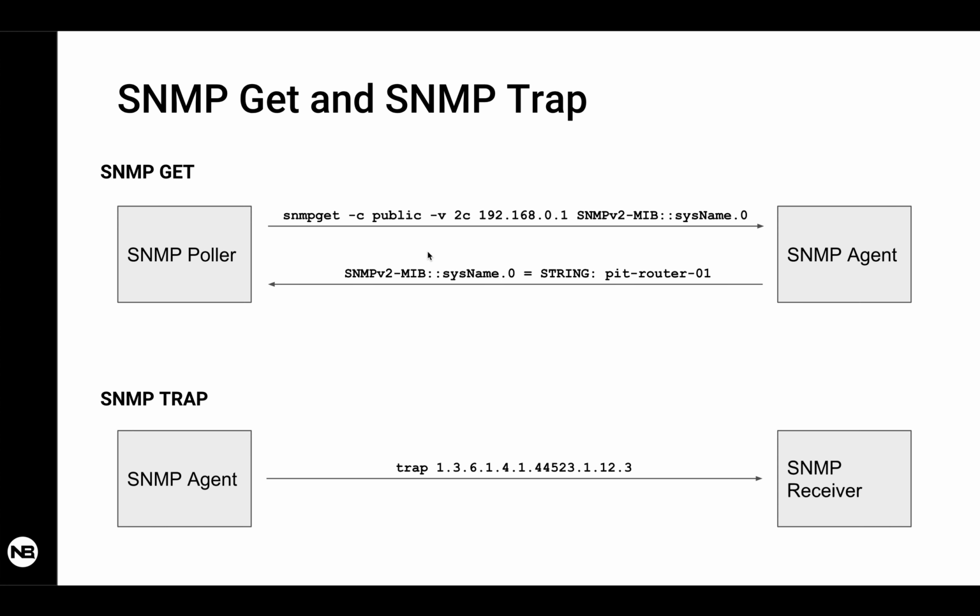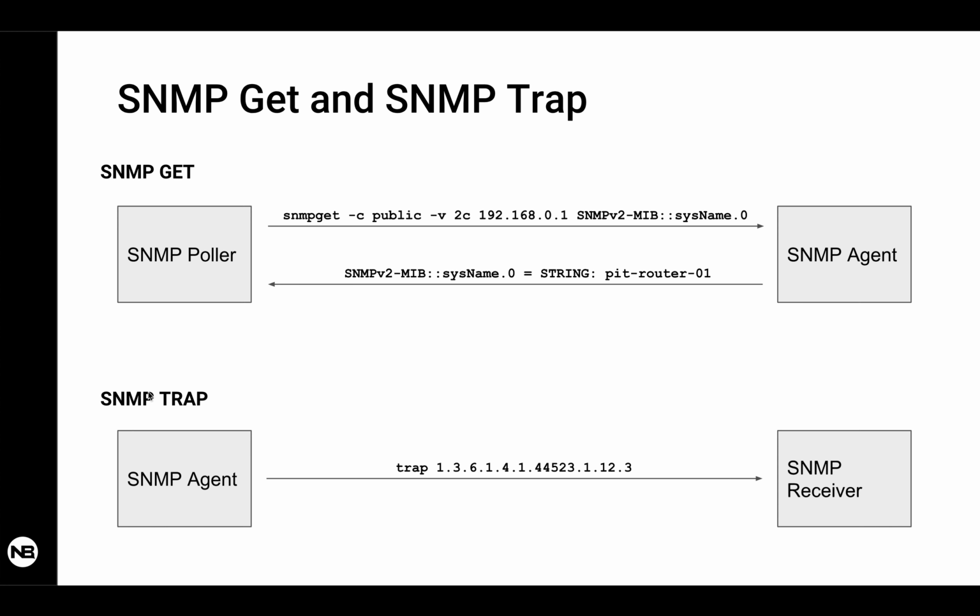In this case, you can see that the server is requesting the system name of the endpoint, and the endpoint then returns its own name. In this case it is pit router. You can see there are other variables in the query, such as the community, the version of the query, and this is the actual OID that identifies the resource to be queried.